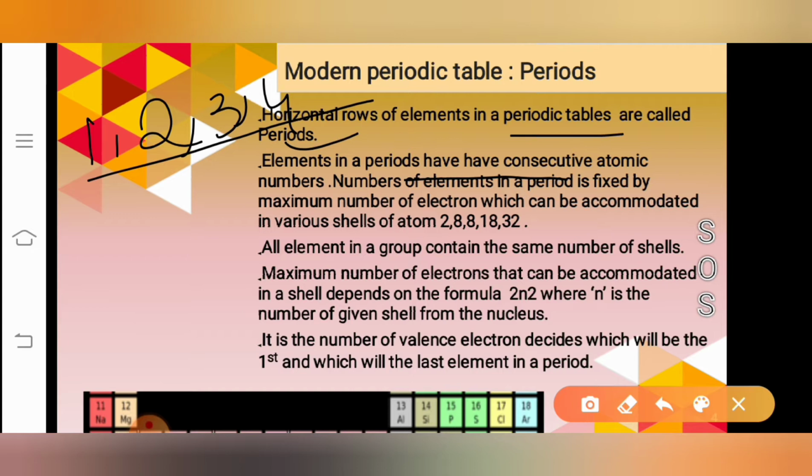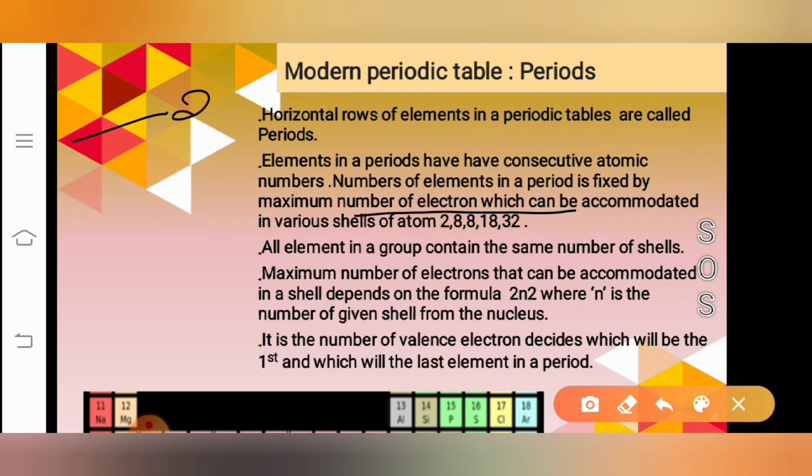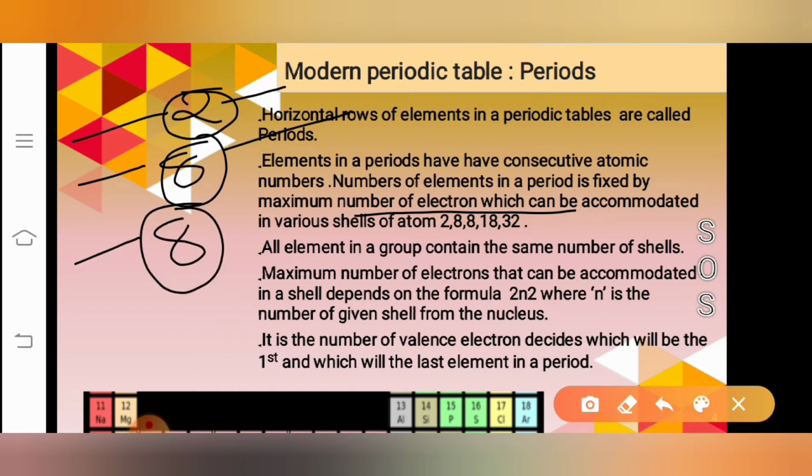And the number of elements in the period is fixed by the maximum number of electrons which can be accommodated in the various shells. I told you, right? In the first period, we have maximum 2 electrons. So the number of elements in the first period is 2. And in the next period, we have totally 8 elements. And the 8th element is accommodated by 8 electrons on its outermost shell. Correct? And the third period is also having 8 elements.